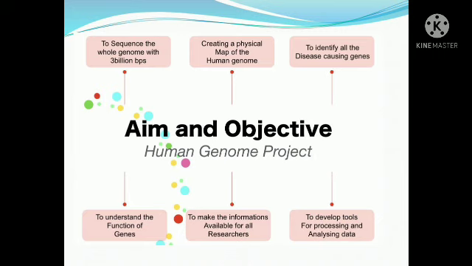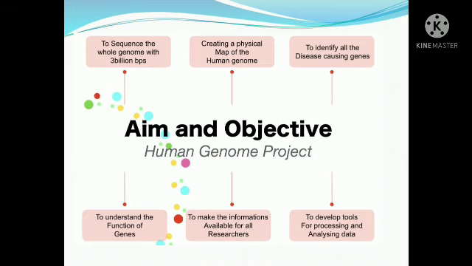Then understand the functions of genes and make sure that information is available for further researchers, and develop tools for technologies and even tools for data analysis. Identify all genes of the human DNA and determine the sequence of 3 billion chemical base pairs.